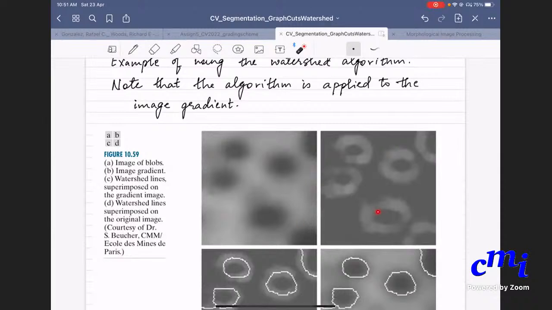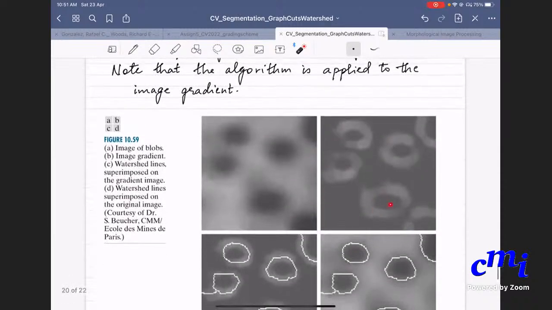So you look at the gradient image, and in the gradient image, you can imagine that these will be the regions of minima. This will be the background region of minima, and for the connected components here, these will be the regions of minima.